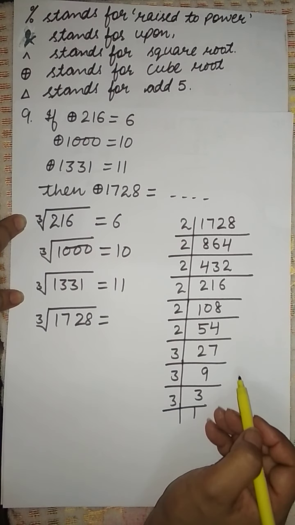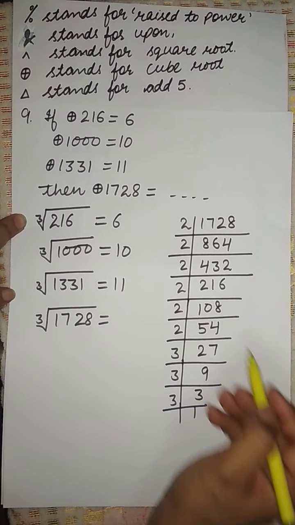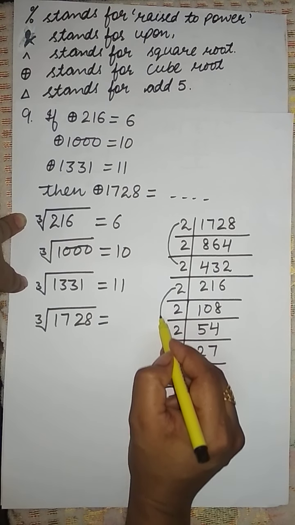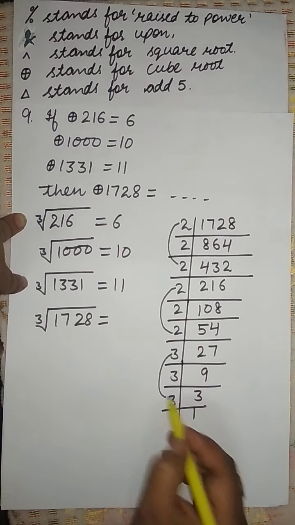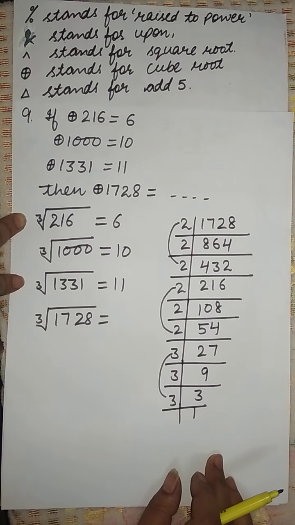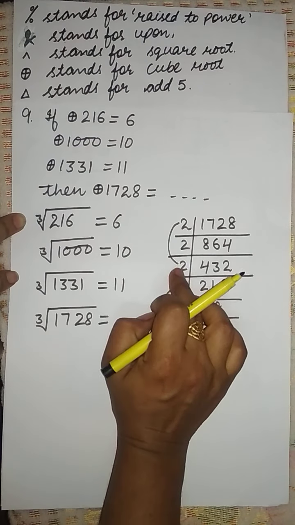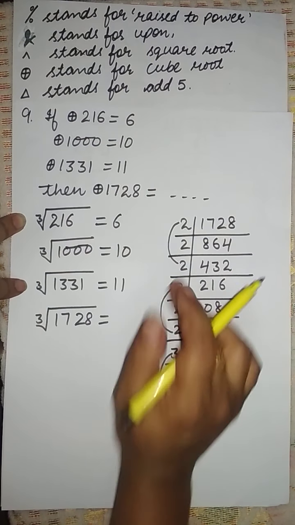For cube roots, we always make groups of 3s. 3 numbers will be there. Out of 3 we will take 1, as we do in square roots, where out of 2 we take 1. So in the cube root we will take 1 out of 3.